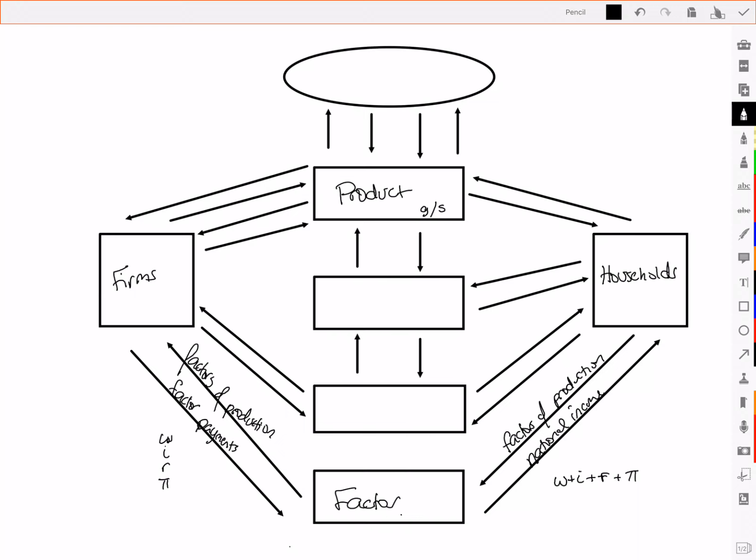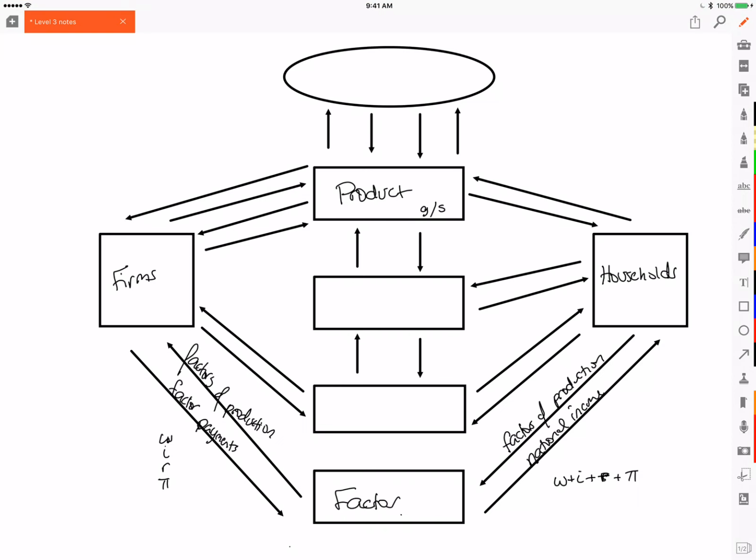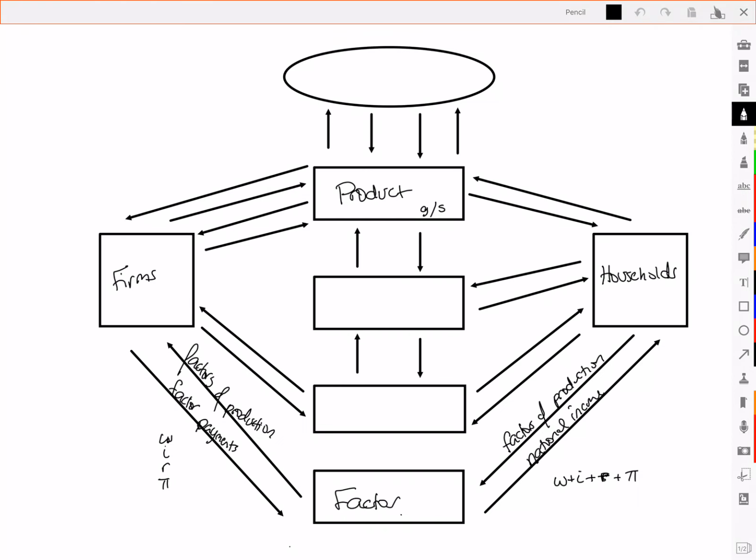All right, so we have our national income, wages, interest, rent, and profits. And now the question is, what do we do with that? So we're going to label national income Y. And the question is, when you have your income, what do you do with it? Well, we buy things with it, right?